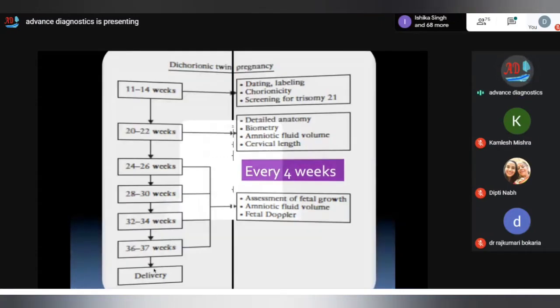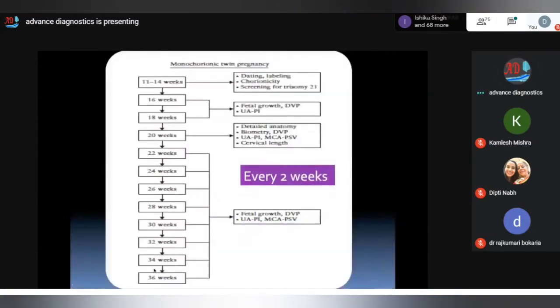But in cases of monochorionic pregnancy, this monitoring should be more frequent and more specialized. How? After your NT-NB scan, the 11 to 14 weeks scan, before the 20 weeks scan, we have two more scans. One is the 16 weeks scan and another is the 18 weeks scan, not only for the deep vertical pocket diameter but also for the umbilical artery PI Doppler, just because the complications are much more common.